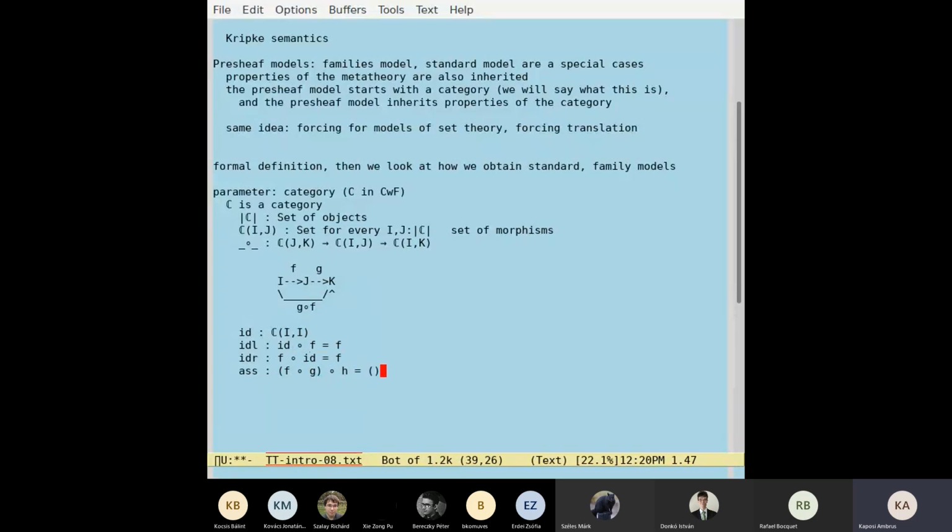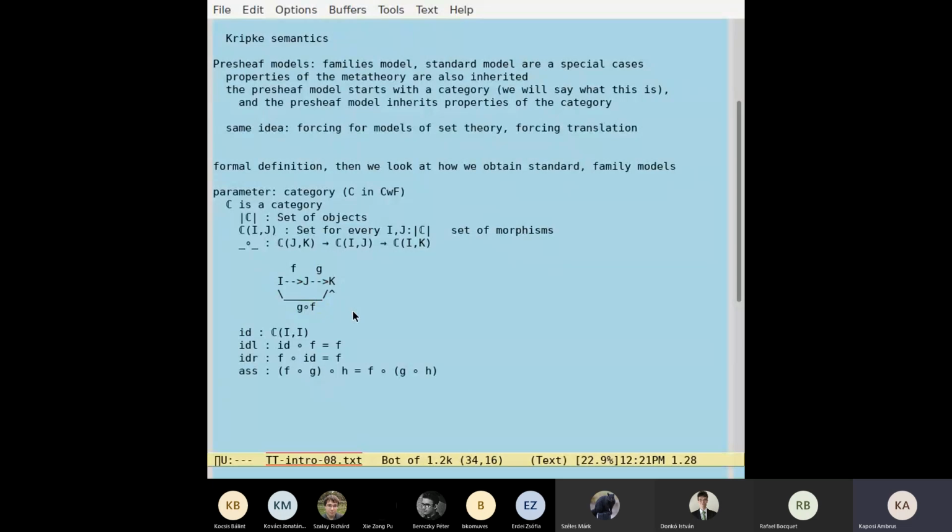So it's the same number of operations as in a monoid: a multiplication, a unit, and three laws. But here it's more subtle, because in a monoid you can multiply any two elements, but here we can only combine two things if they match. I can only compose two morphisms if their domain and codomain match.